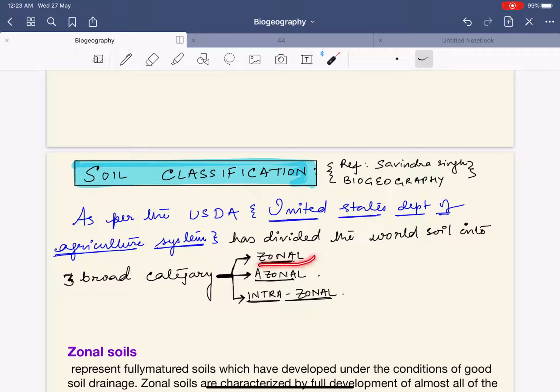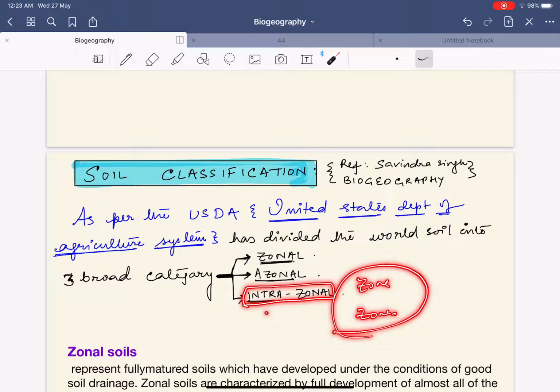Zonal soils belong to a particular zone, maybe polar, maybe equatorial, maybe temperate, etc. Azonal means they do not belong to any particular zone, and you can find them almost everywhere, be it the polar region, the equatorial region, or any region. Intrazonal is found in between the zones or within the zones.